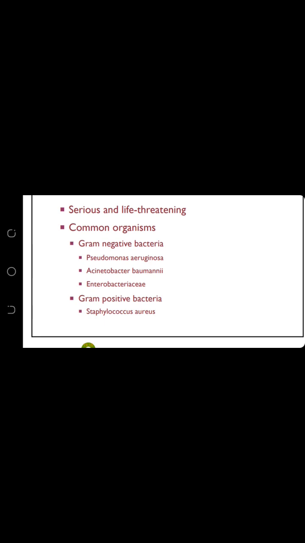Gram-negative bacteria usually affect the lower part of the respiratory tract, of which we have Pseudomonas aeruginosa, as well as Acinetobacter baumannii and Enterobacteriaceae. Then we also have the gram positive bacteria, where we have Staphylococcus aureus.